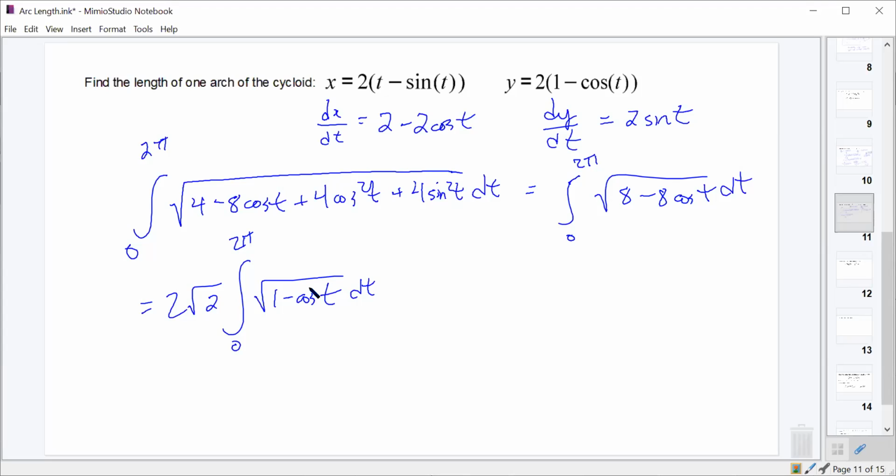And how will we integrate that? Gotta get a little creative for this one.